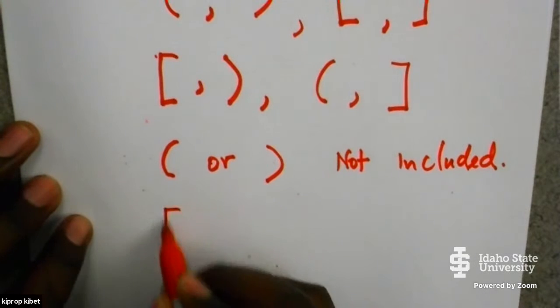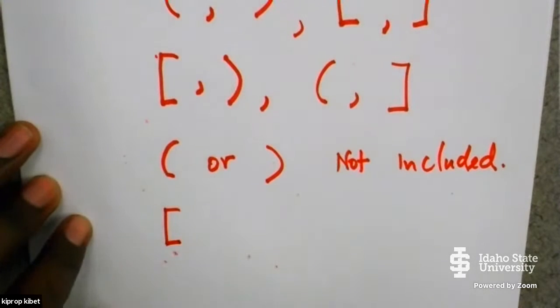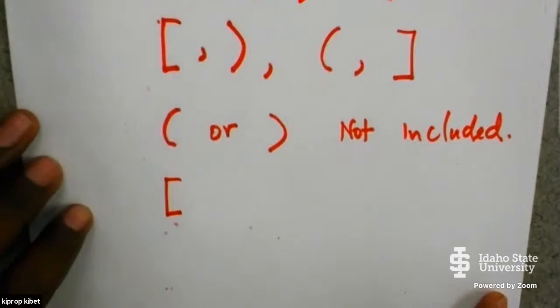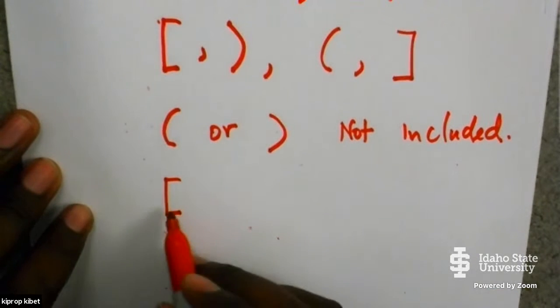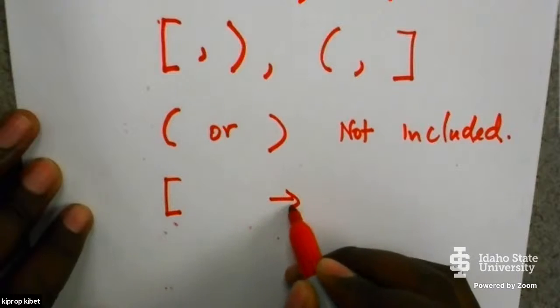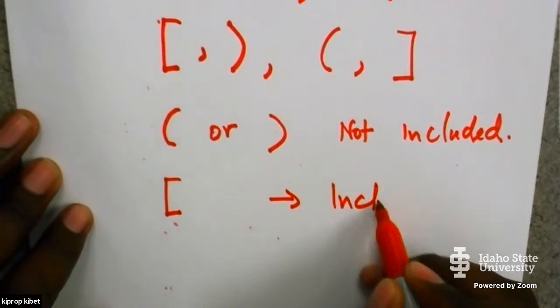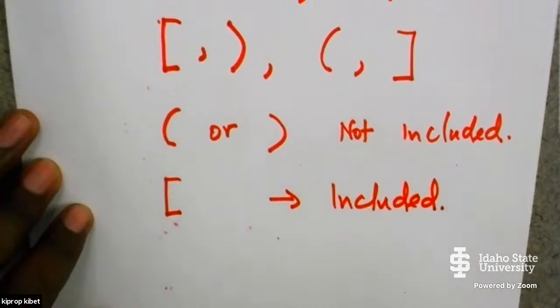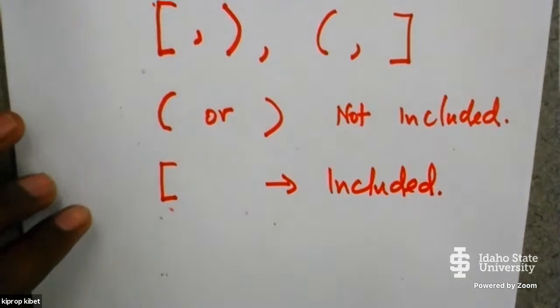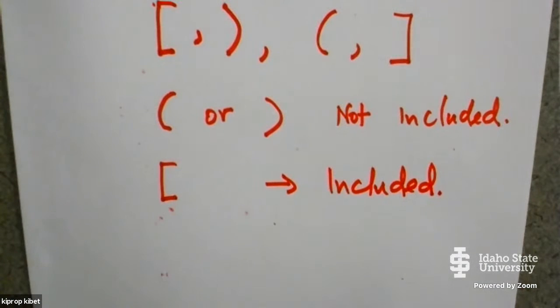This one, what do you call this? A bracket. Yeah. This shows it is included.